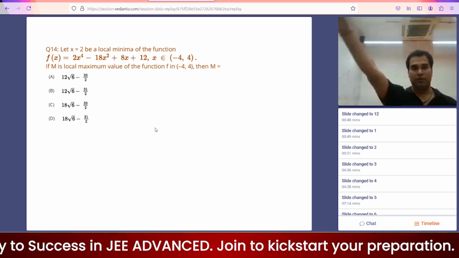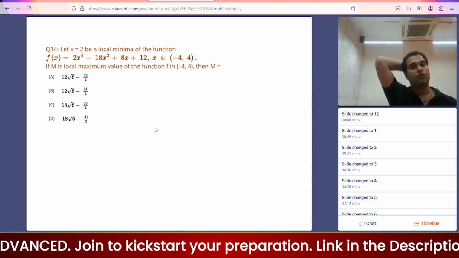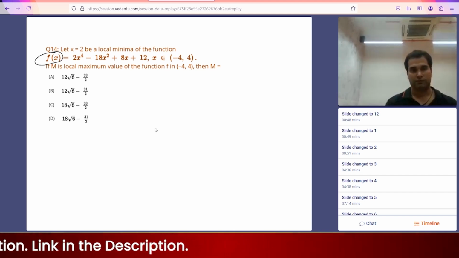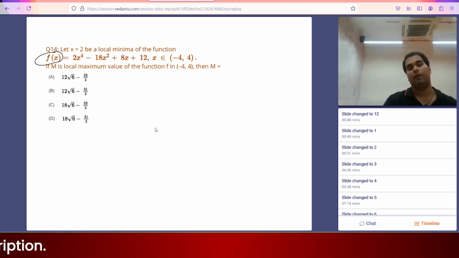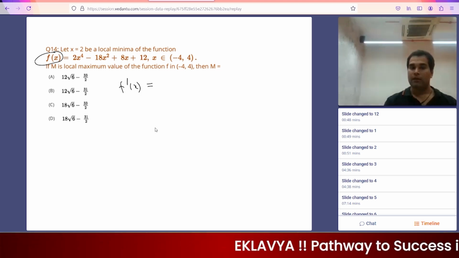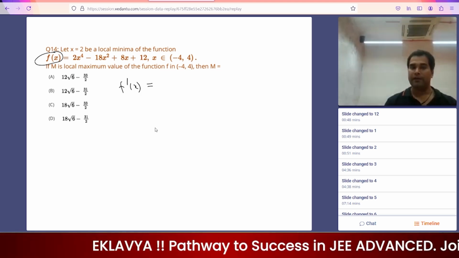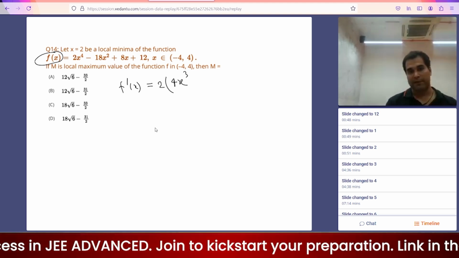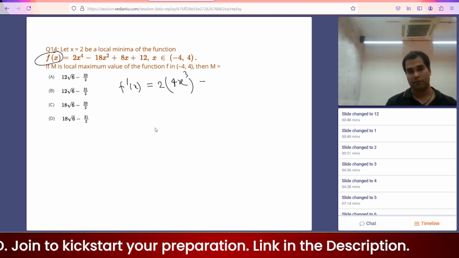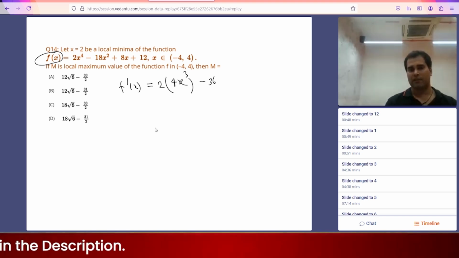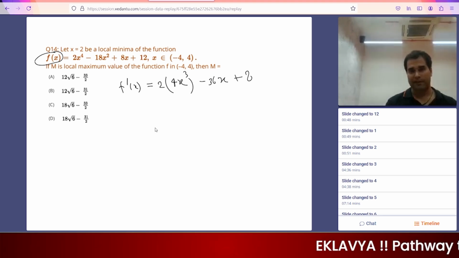Next question. Let x equal to 2 be a local minima of this function. By applying the first derivative test, f dash x equals the derivative, 4x cube minus 36x plus 8.